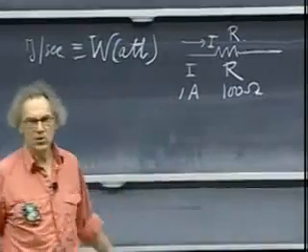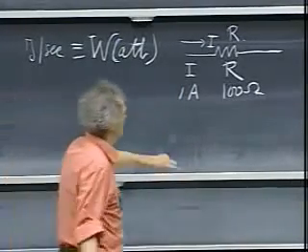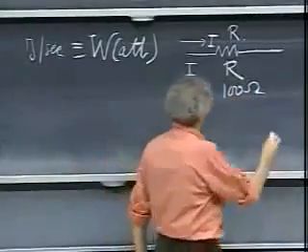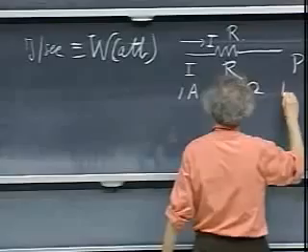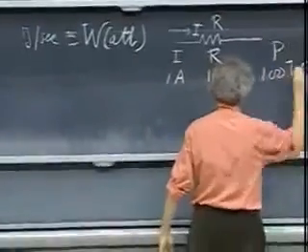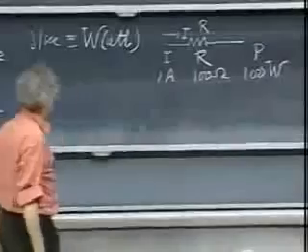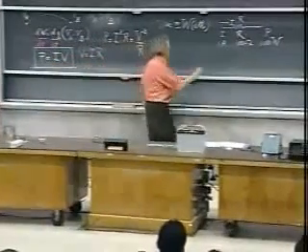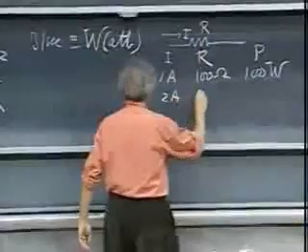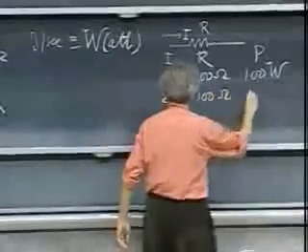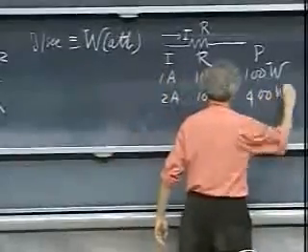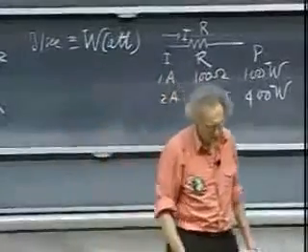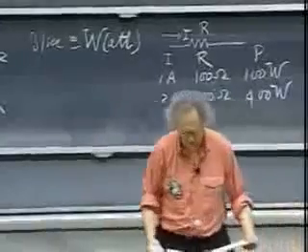Then the power which is dissipated in this resistor has to be provided by your battery. That power P is now 100 watts. I square R, if you want to use this. If it is 2 amperes, and you don't change the resistance, then it becomes 400 watts. Because it's I square R. I doubles, the power becomes 4 times higher.